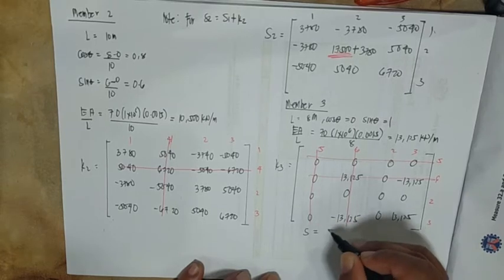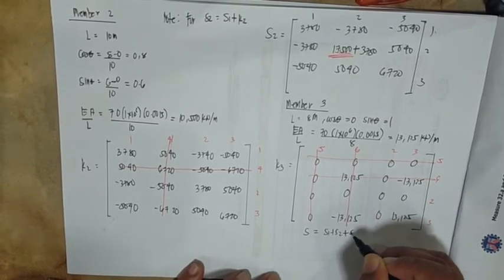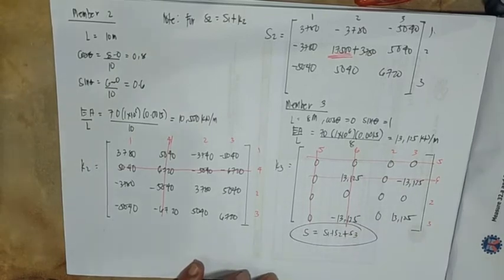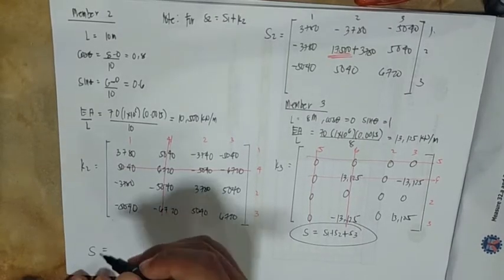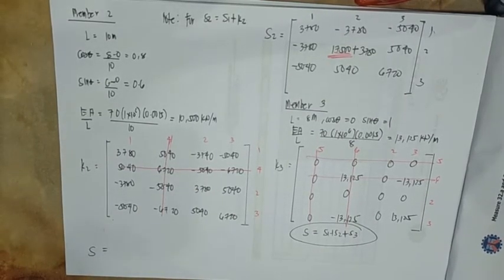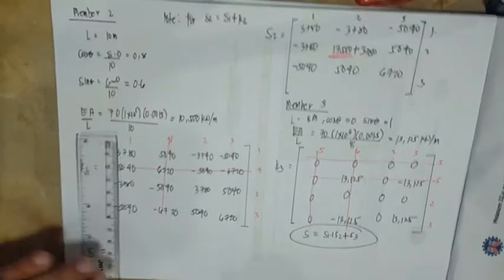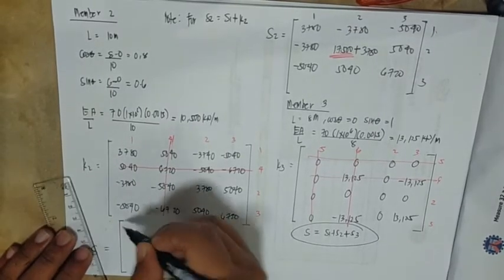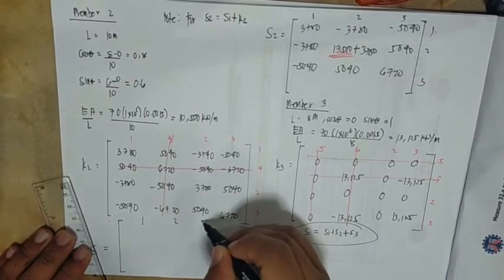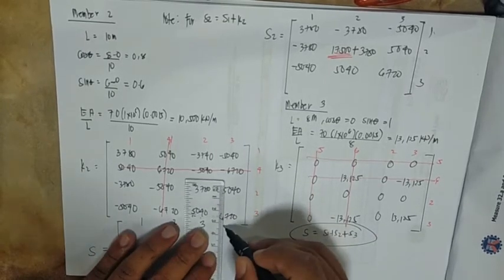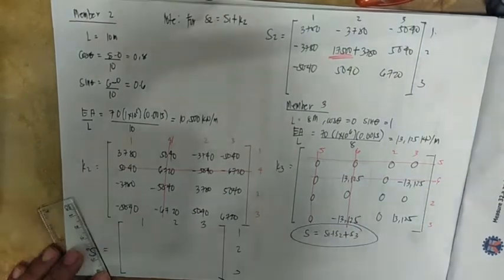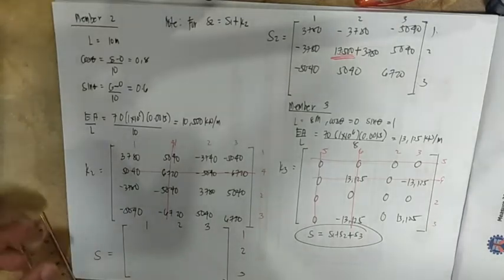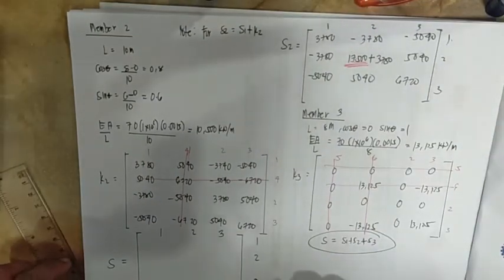stiffness is now S1 plus S2 plus S3. Okay? So, the values of the structure stiffness will be 1, 2, 3. You cannot see?